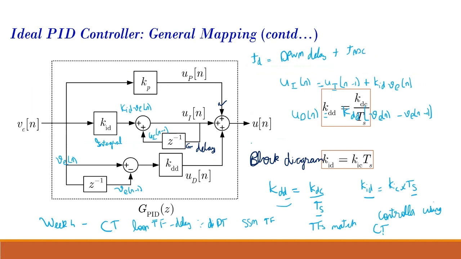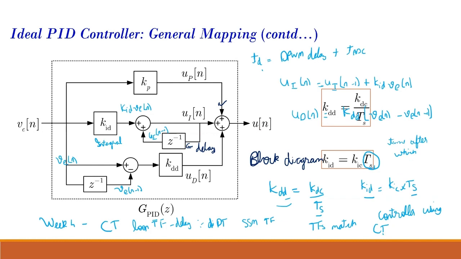This TS is the time after which I am updating. We store the value of UI of n and come out with UI of n minus 1. So how much is the difference of time between those two signals? That is my TS. So this delay is not the same as that delay. These are different delays. Don't confuse them.